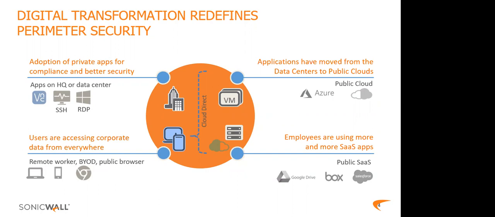First, many medium to large enterprises now rely on private apps, for example RDP, SSH, VNC, and HTTP or HTTPS protocol-based apps, in order to enforce compliance and security. Now all the applications have moved from the data center or their own premises to the public cloud, for example Azure or AWS.